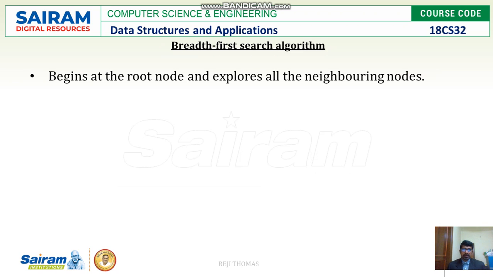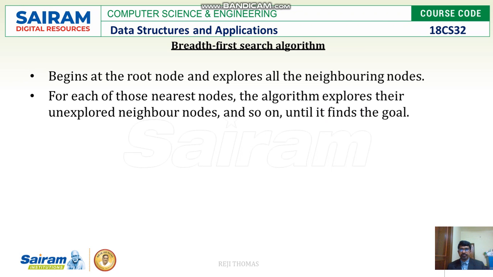So let us see how this BFS works. We begin at the root node and explore all the neighboring nodes. You can start with any node, but normally we start with the root, and for the given root, you're going to find all the neighboring nodes.